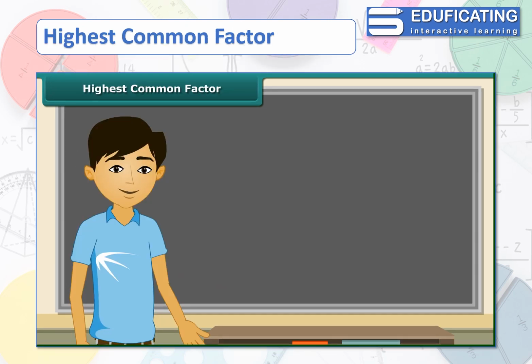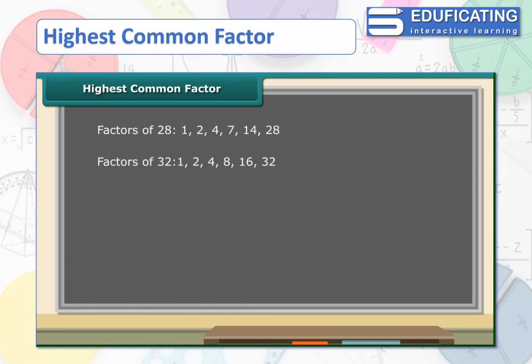Now that you know what common factors are, let us find the highest common factor of two numbers. Consider two numbers, 28 and 32. The factors of 28 are 1, 2, 4, 7, 14, and 28. The factors of 32 are 1, 2, 4, 8, 16, and 32.